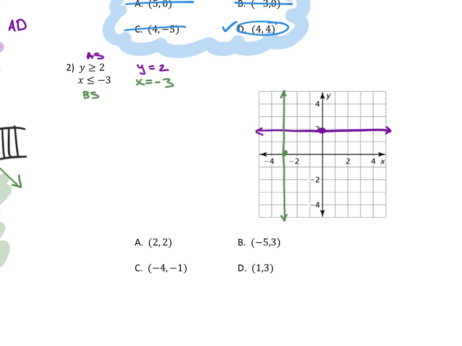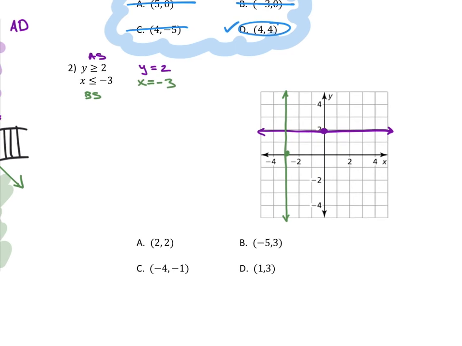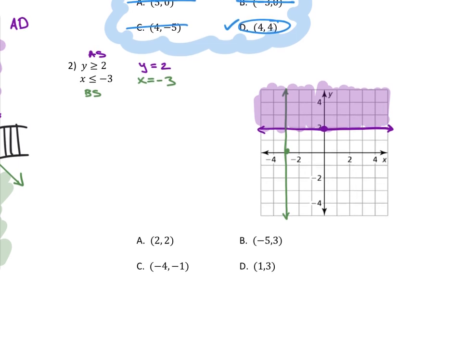Well, for the y greater than or equal to 2, that one's easy. We can just graph above it. So all of this is in my shaded region for y greater than or equal to 2. But if I was trying to make sure I understood how to do x less than or equal to -3, and I say below, there's no below a vertical line.